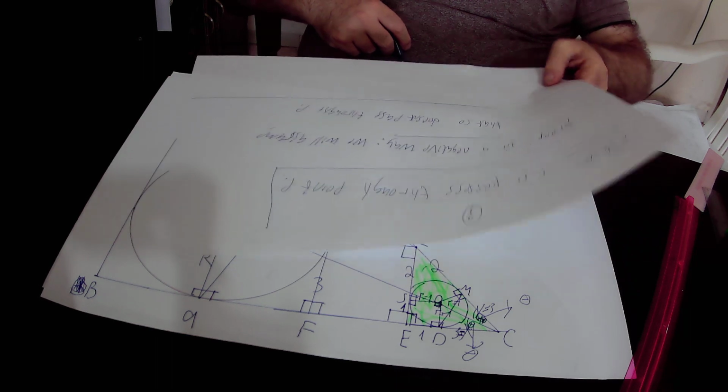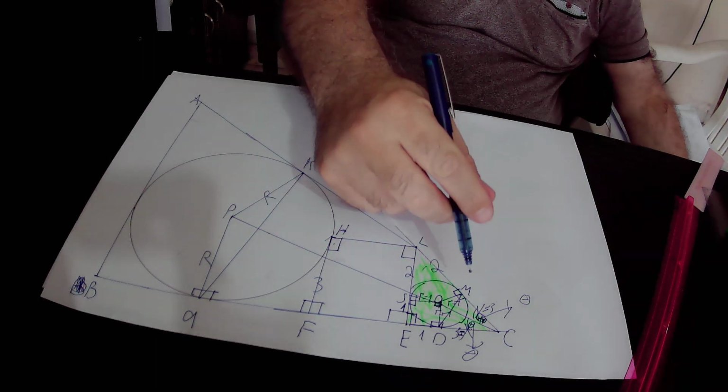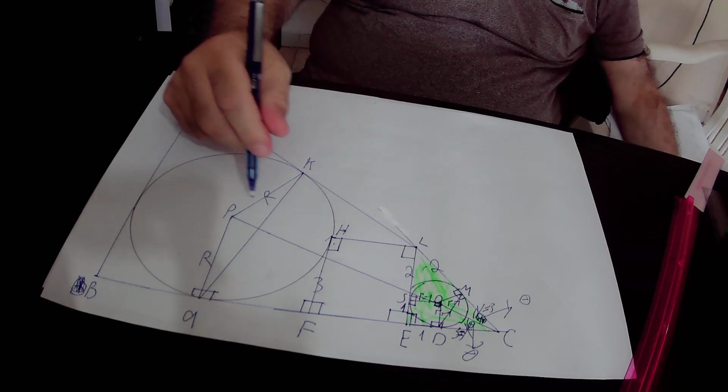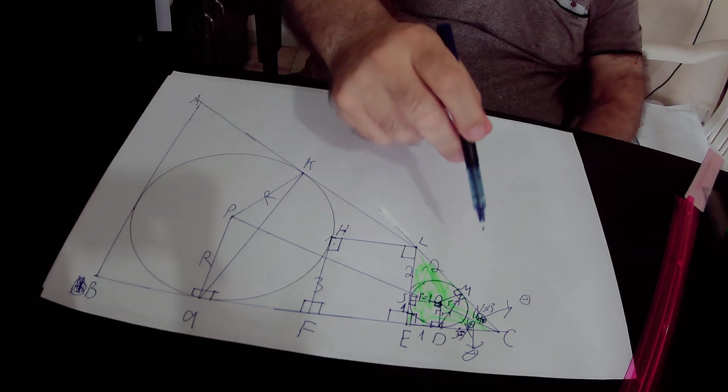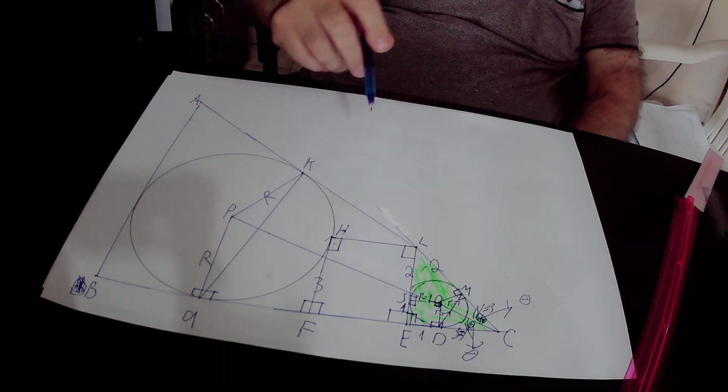So according to our assumption, CO doesn't pass through point P. That is to say, points C, O and P are not located on the same straight line.